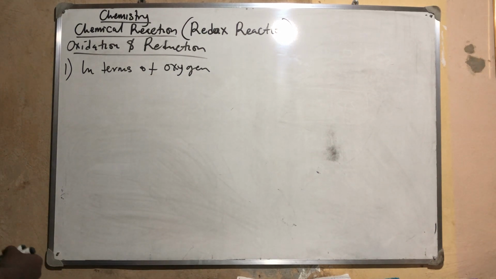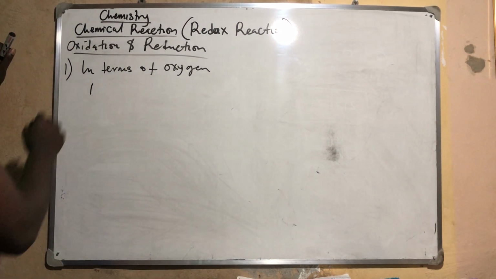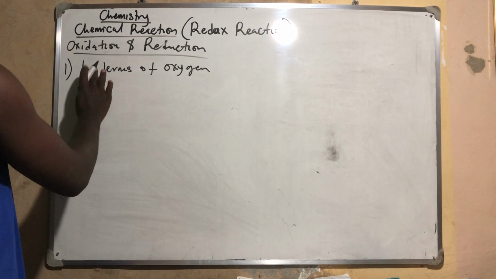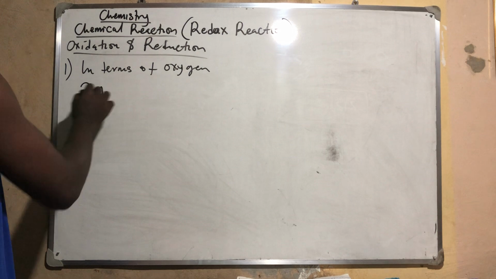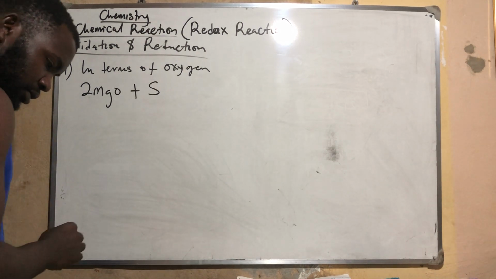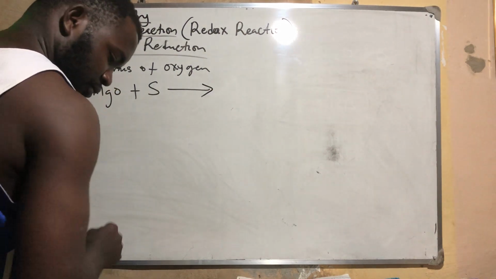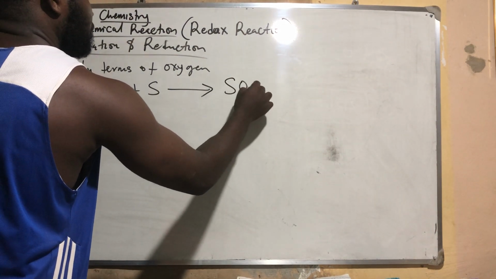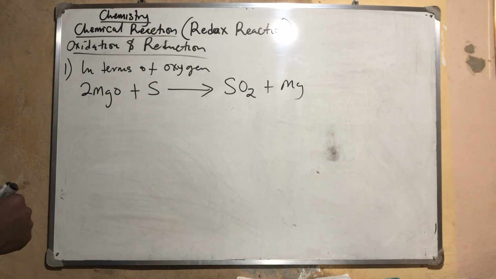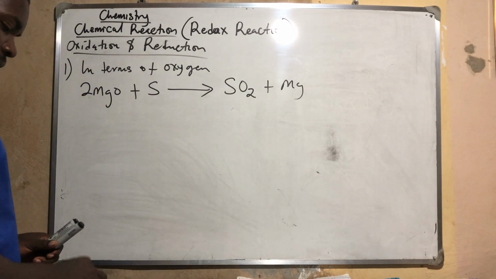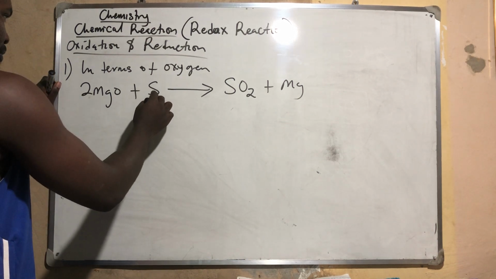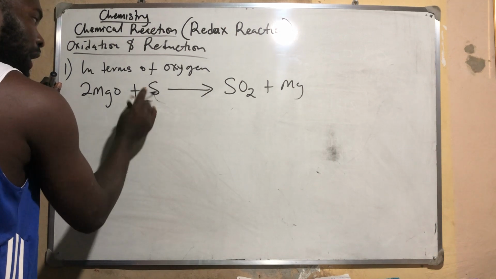So, for example, let's consider this reaction: 2MgO plus S gives SO2 plus Mg. If you look at this, you see that S was single before, without oxygen.